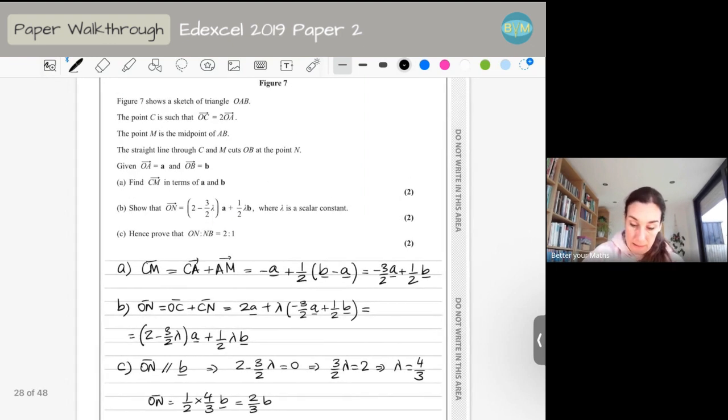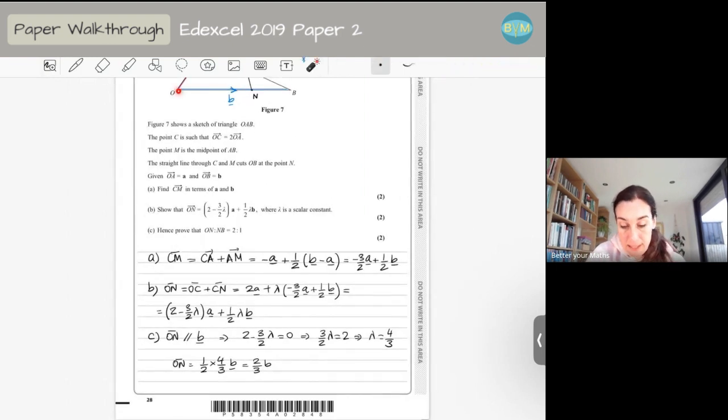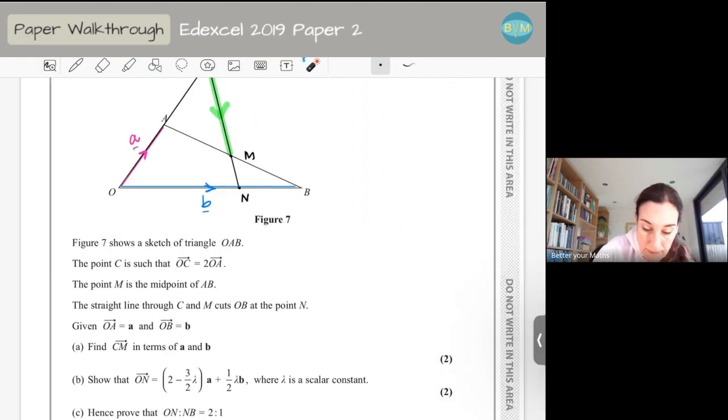And now it's quite simple. So this whole thing is B. This bit is 2/3 of B. Can you see that? I have this length, and I just discovered that ON is 2/3 of the whole thing.